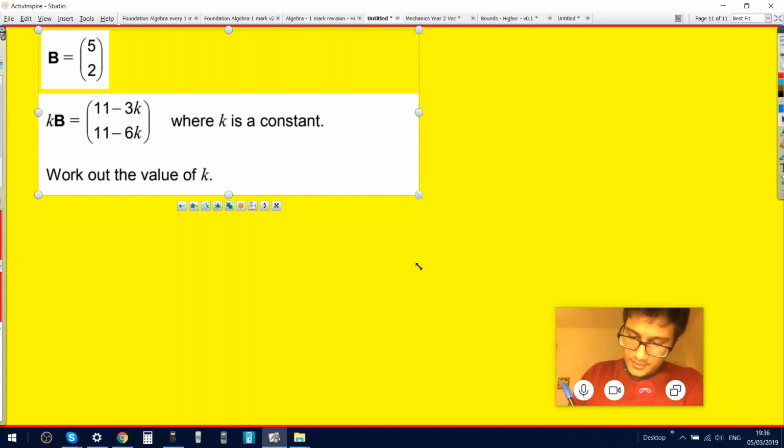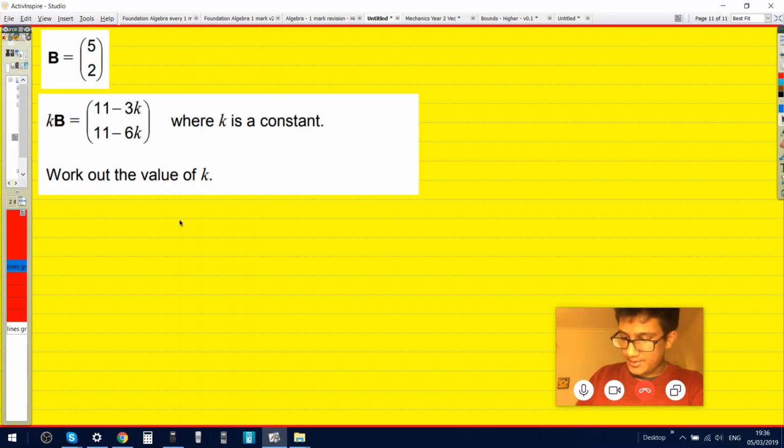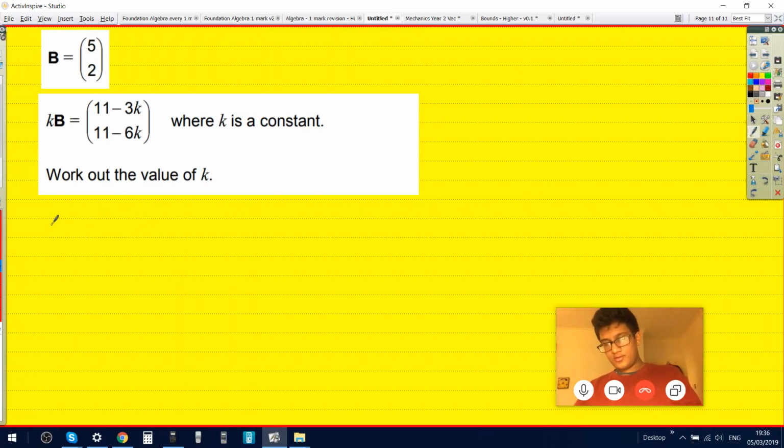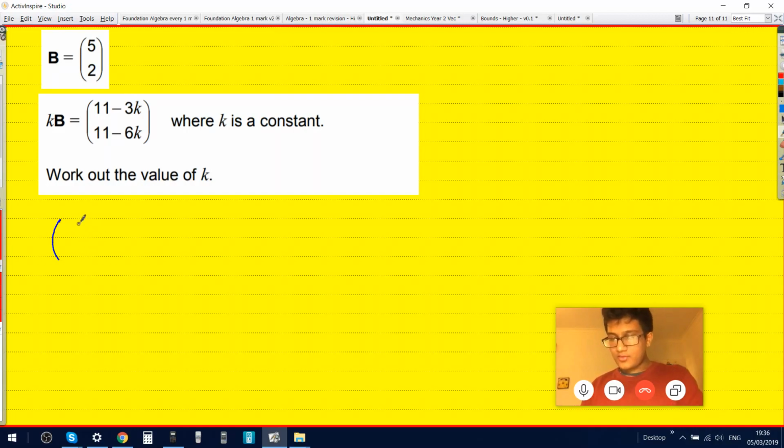So you could say that (5k, 2k) equals (11 minus 3k, 11 minus 6k). Say that 5k equals 11.